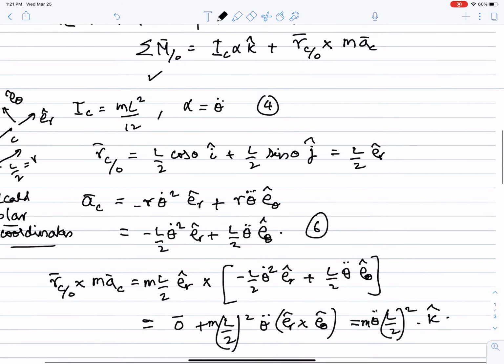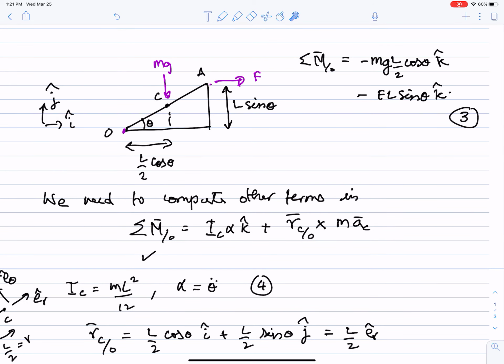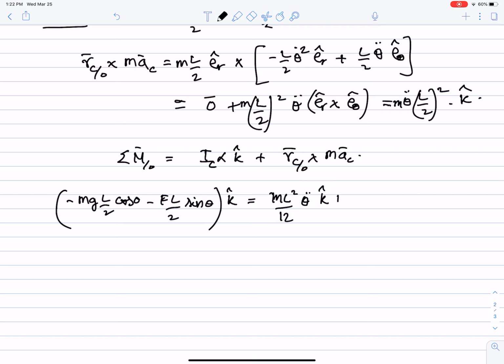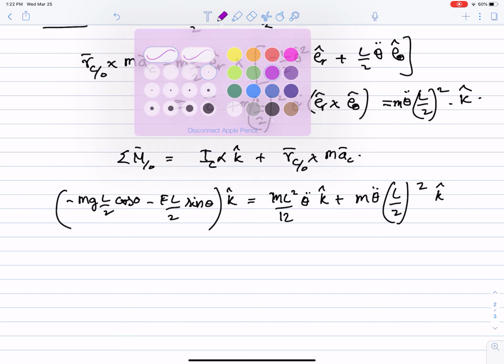And this thing we said was right here, minus mg L over 2 cosine theta minus F L over 2 sine theta, all in the k direction, equals I_C, which is m L squared by 12 theta double dot k plus, and we just solve for this quantity, m theta double dot L over 2 whole squared k. Because we have a whole bunch of k's, we can cancel them all out.